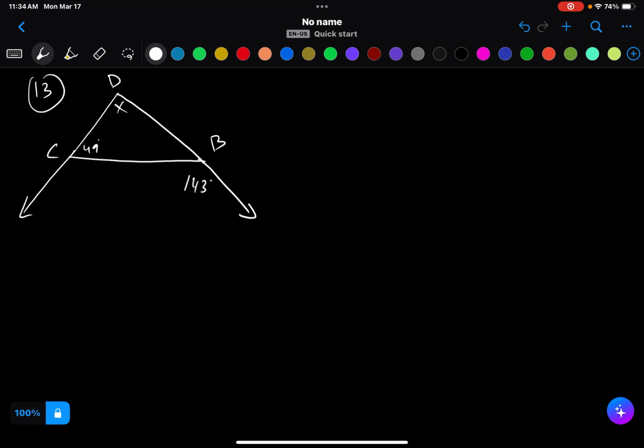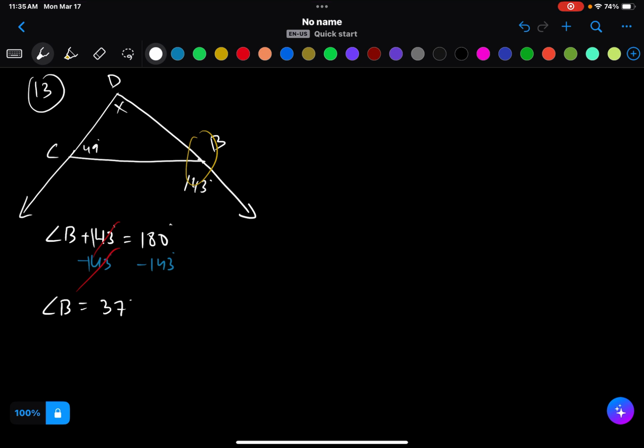Find angle B, the interior angle B, and these are supplementary angles, so let's do that. So I'll say that angle B plus 143 degrees equals 180. Subtract 143 from both sides. So that's gone here. So angle B is going to be 37 degrees if my math is correct.